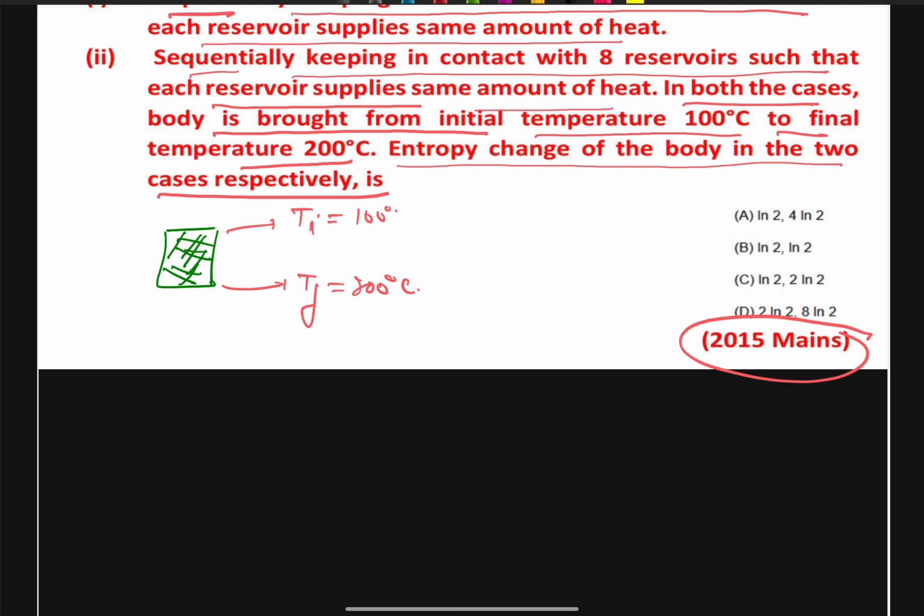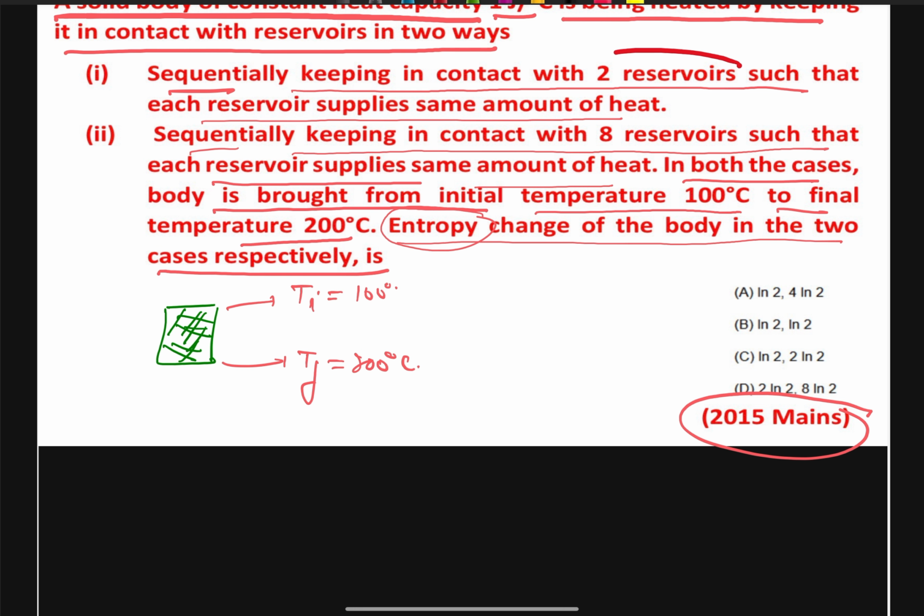Here we have to remember that entropy is basically a state function. It only depends upon the initial state and final state. It is not a path function. How the heat is being transferred doesn't matter. In the first case, we have two reservoirs, so heat is being transferred using two reservoirs.